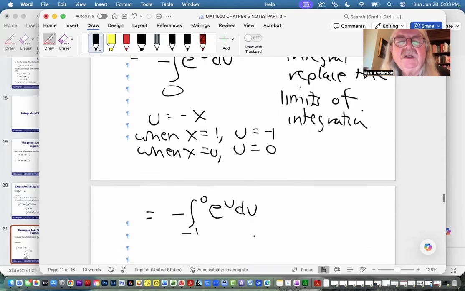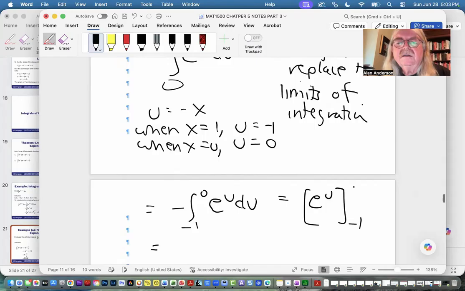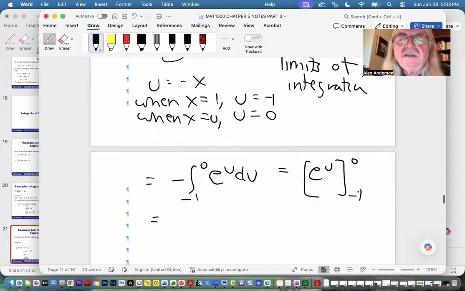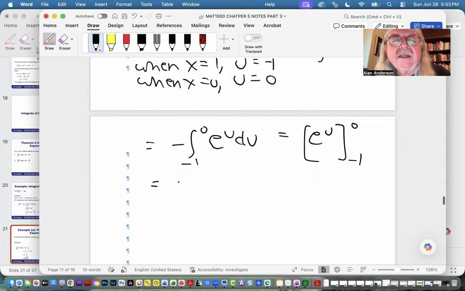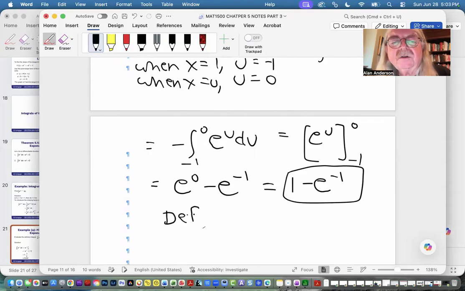And of course, u, this leaves us with, okay, so then we can have e to the 0 minus e to the minus 1. This is 1 minus e to the minus 1, and that's it. We don't need a constant because this is a definite integral.